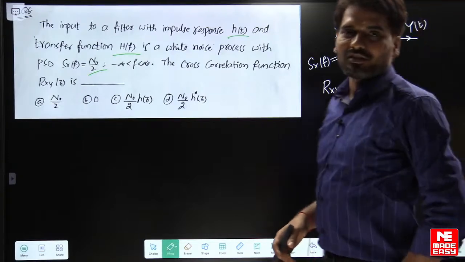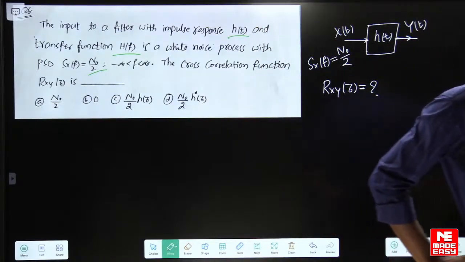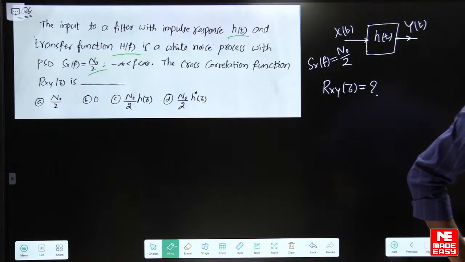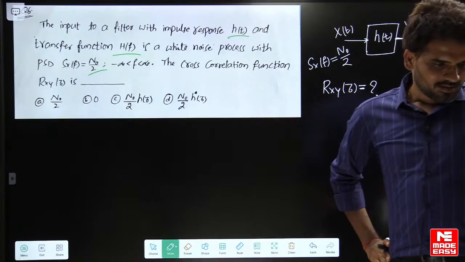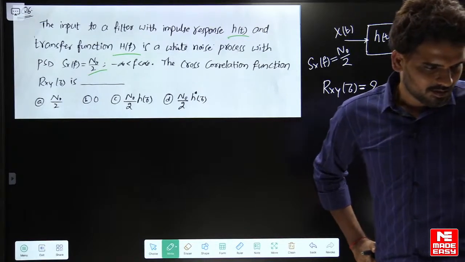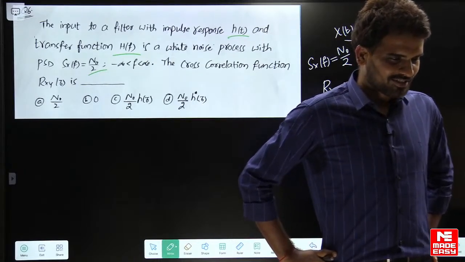Anshuman Singh is saying option C is correct. I want to see answers from others. This is an easy question.